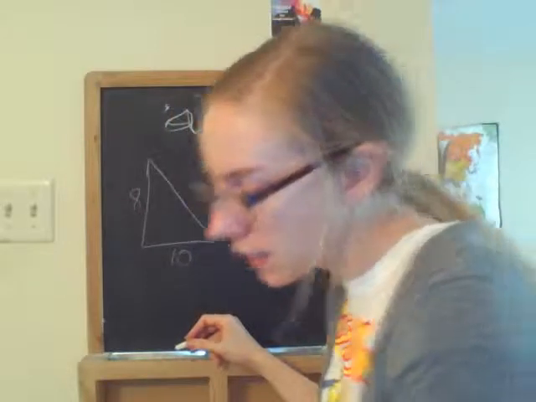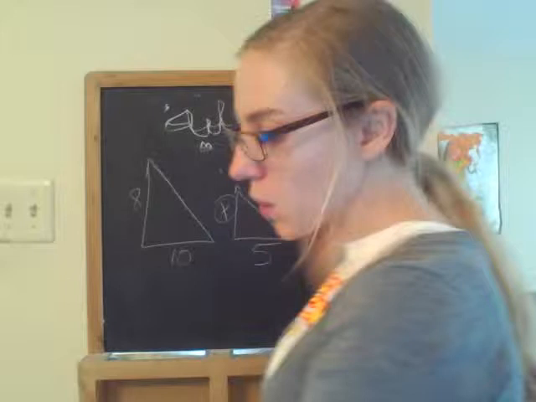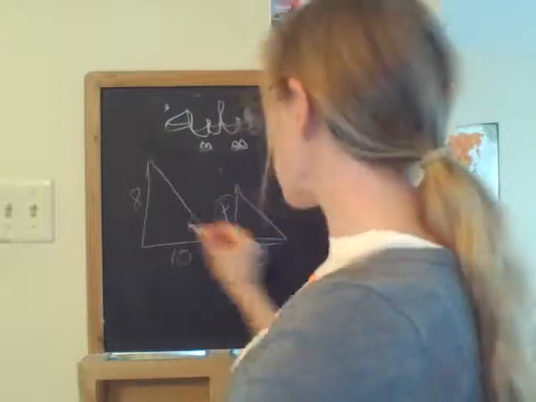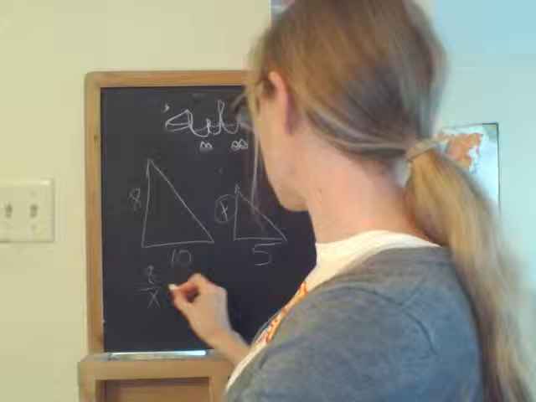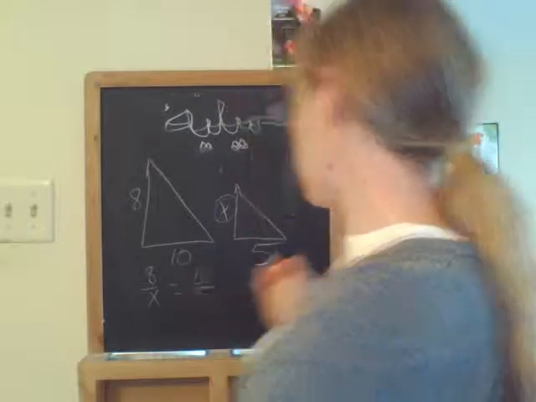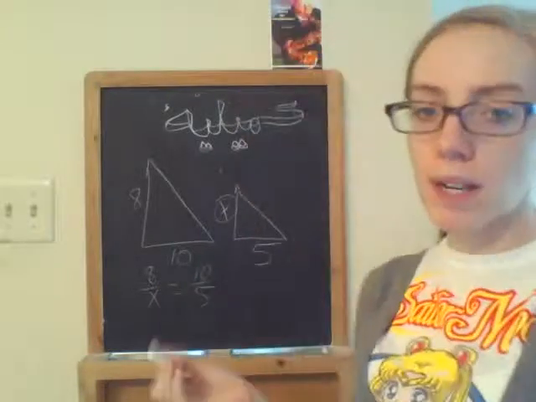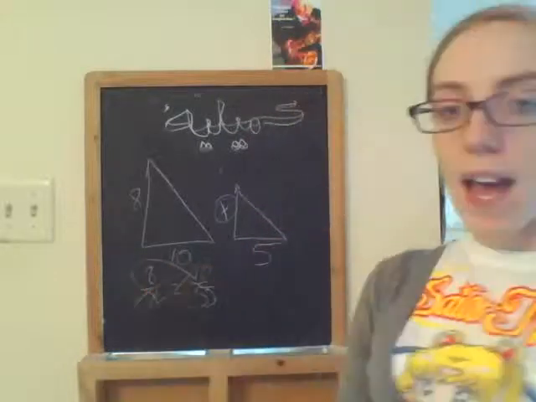So basically, we can go on to say that, and it doesn't matter which way you want to put it, if I want to say 8 over x is equal to 10 over 5, that is a proportion that we can recognize to go in and solve for x.